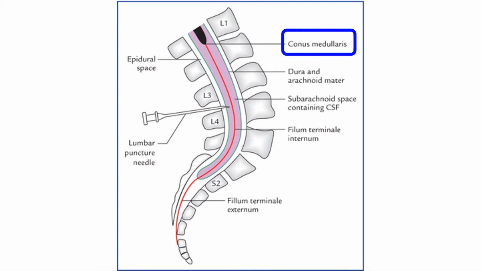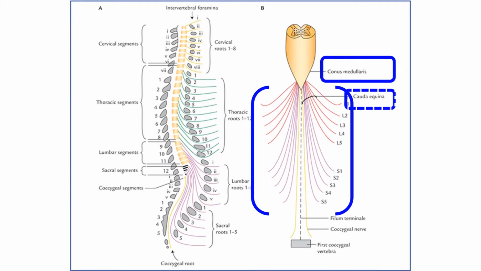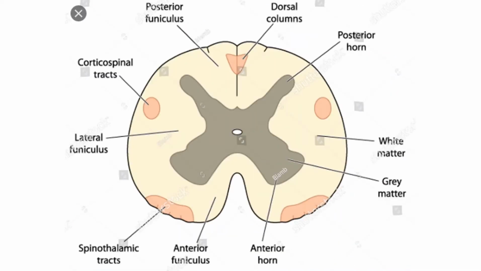It is a cone-shaped end of the spinal cord, and this is between the level of L1 and L2. These were the external features of the spinal cord.